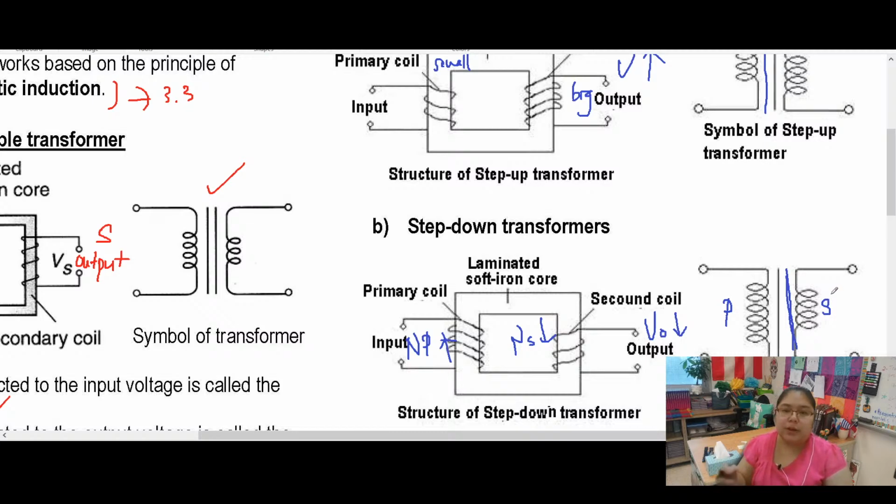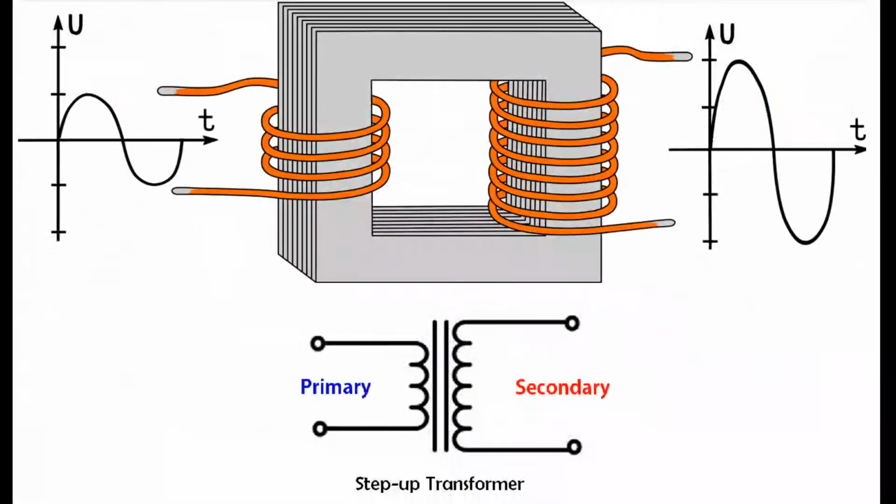Okay, now I show you the structure. The diagram, a clearer diagram. Okay, let's see here. Okay, this one is the number of turns, the orange color one. That's clearer. So you can see the secondary coil, the number of turns is more than the primary. Okay, so this one is a step up. Okay, another thing I want to show is the graph. Okay, first part, can you see the graph? There's an alternating current.